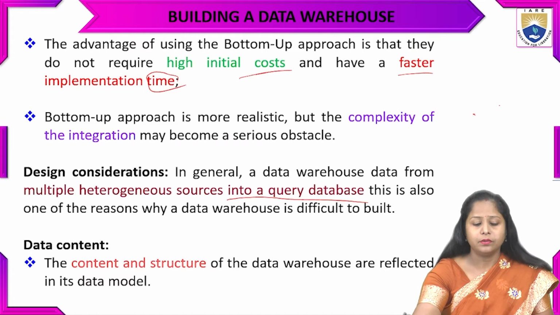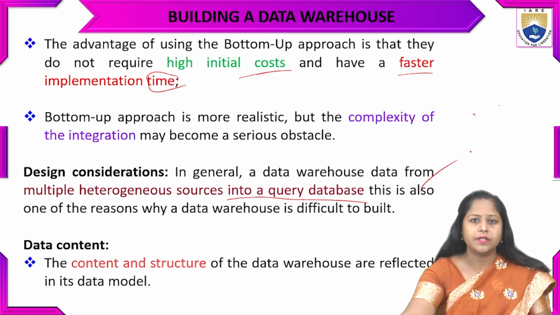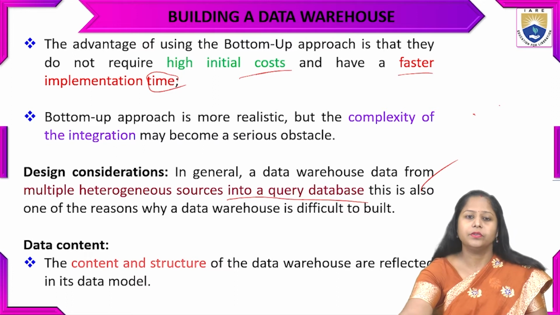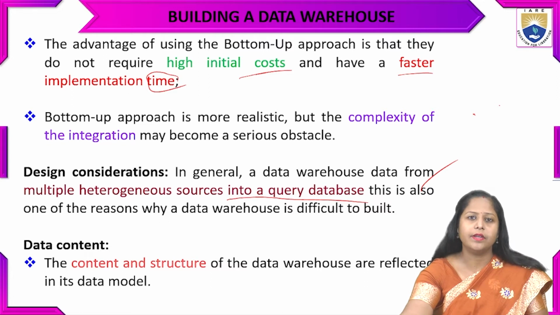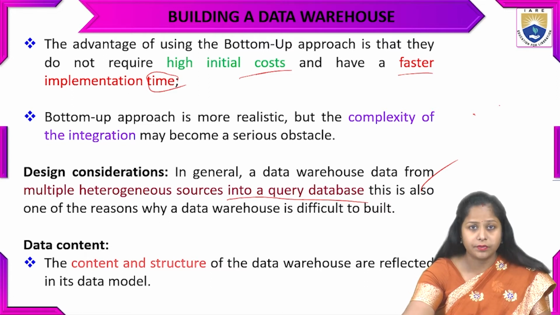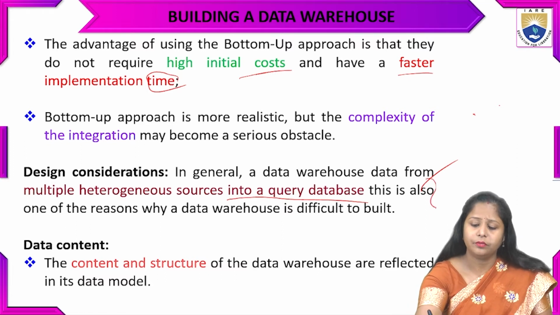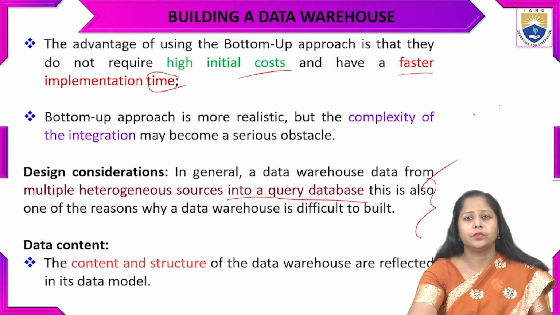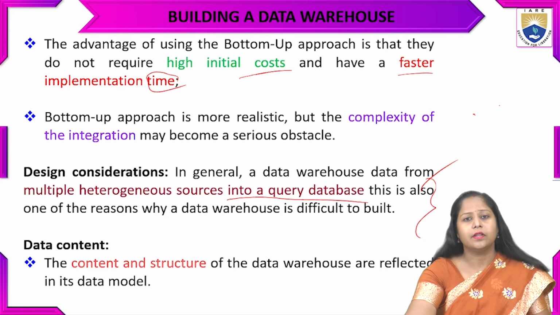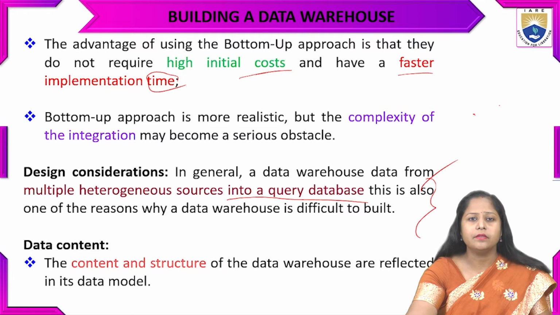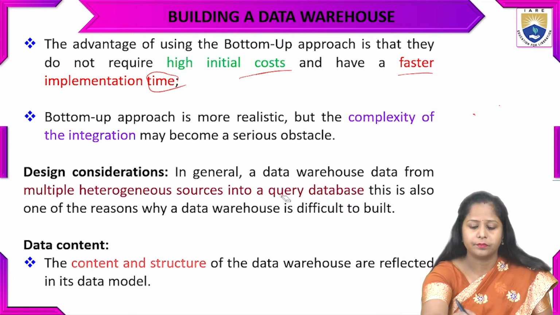That is also one of the reasons why a data warehouse is difficult to build, as we saw in the earlier slide. If there is heterogeneous data in the query database, that can be a reason why the data warehouse will be costly and difficult to build.